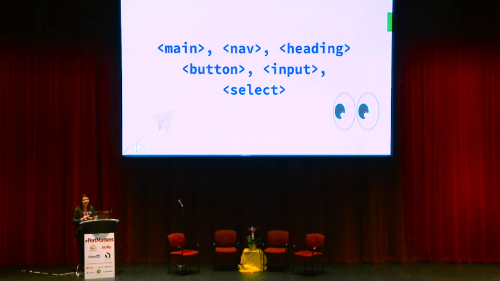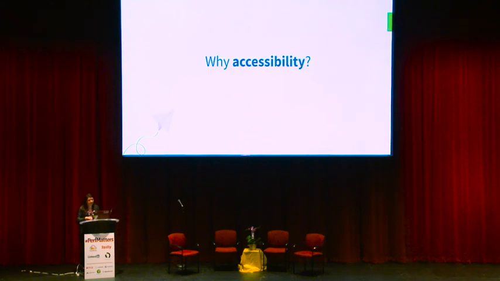You've probably seen semantic elements before. And if you haven't, I recommend Mozilla Developer Network, MDN, as a great resource for learning more about these. I'm going to talk about two main groupings of semantic elements. I'm going to talk about landmarks and regions, and also some form elements, and some of the stuff that goes into them and why we would want to use them.